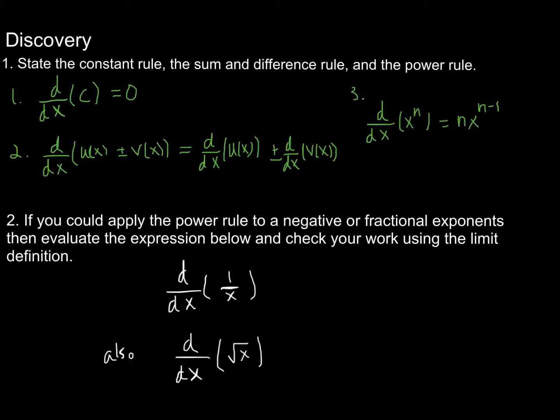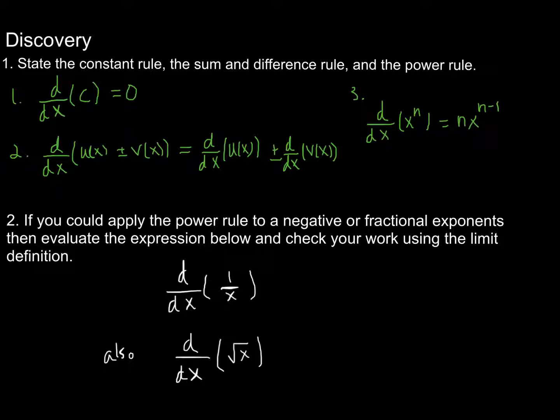And then the power rule says that if you have some function where you have x to the n power, where n is a positive integer, the derivative of that is n times x to the n minus 1. So as an example, if you took the derivative of x cubed, you get 3x squared.